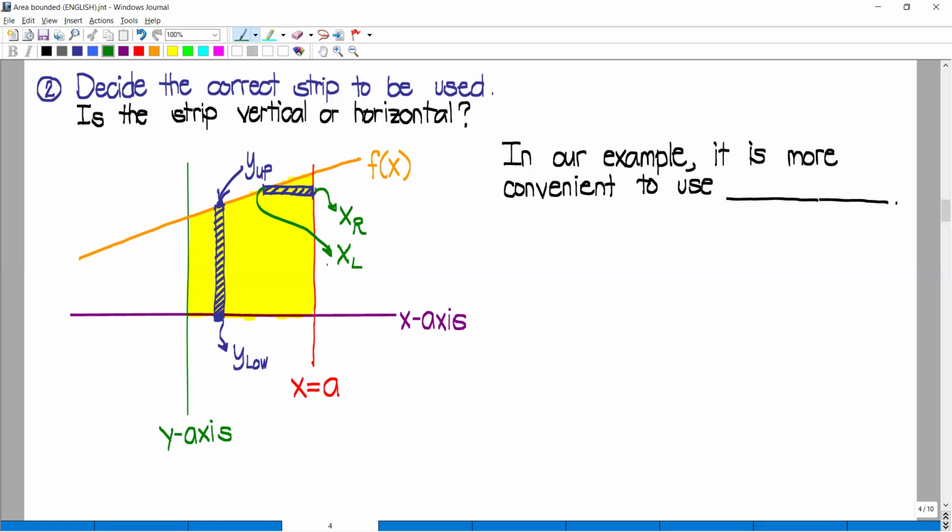Same question: are the x right and x left touching two different colors? The answer is yes. The x right is touching the red line and the x left is touching the orange line. Meaning, the two ends of the horizontal strip are also touching two different curves.